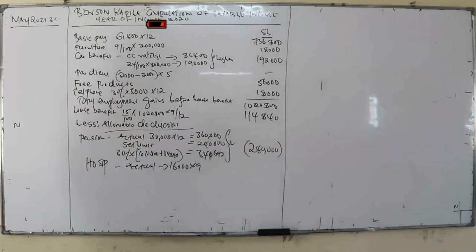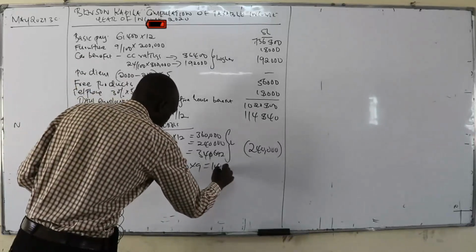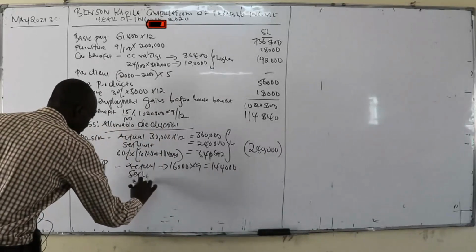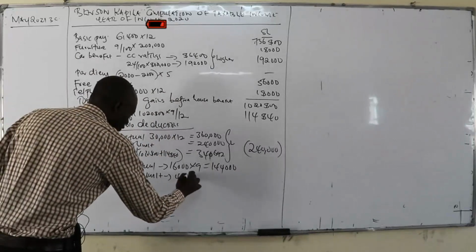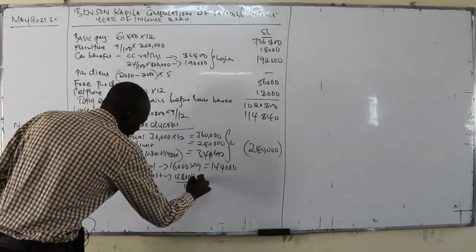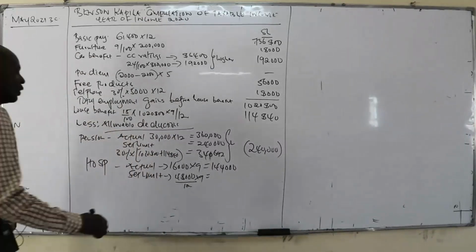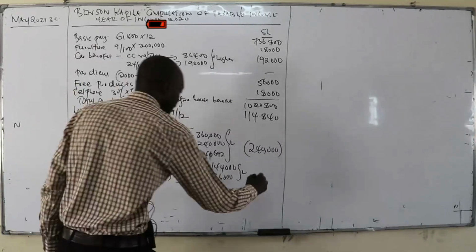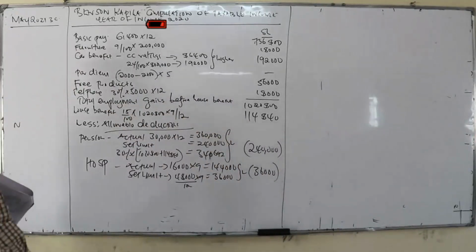So you multiply 16,000 times 9, which is 144,000. The set limit is 48,000 per annum. So you divide by 12 to get per month, and then you multiply by 9. So you write here 36,000, and then you pick the lower, which is 36,000. You deduct that one.